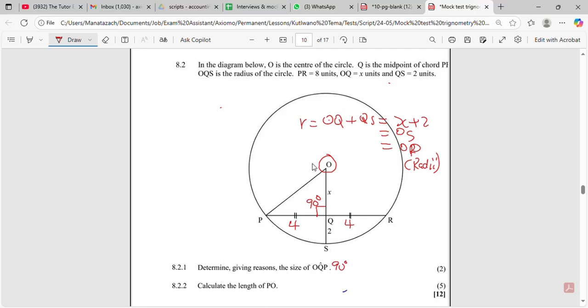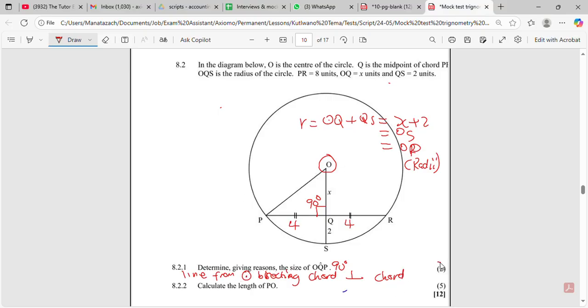Remember, line from center of the circle bisecting the chord will be perpendicular to the chord. So that's the reason. As easy as that, you have your 2 marks.